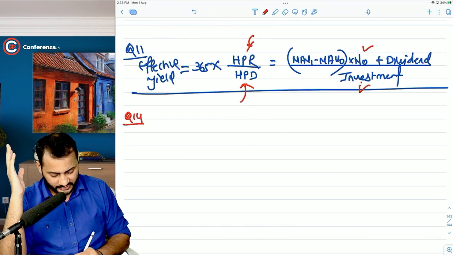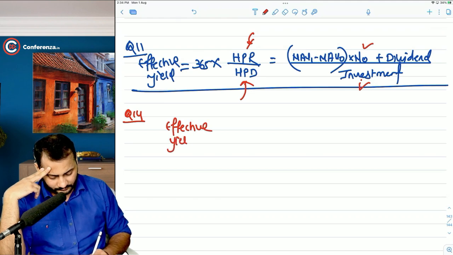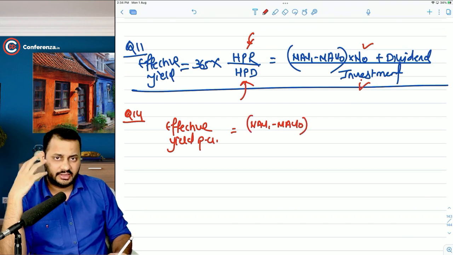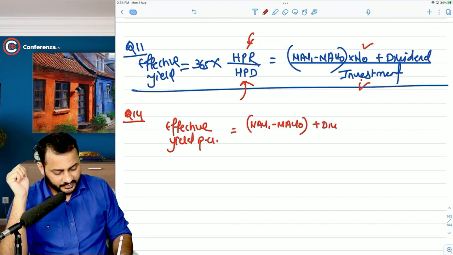This is question number 14, I think. And what will be the formula for effective yield on per annum basis? It's very simple. NAV 1 minus NAV 0. So net assets at the closing minus net assets at the beginning plus dividend.